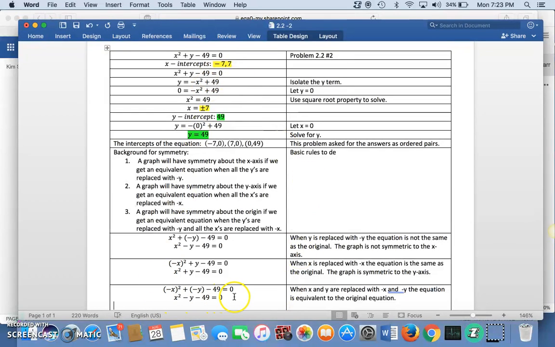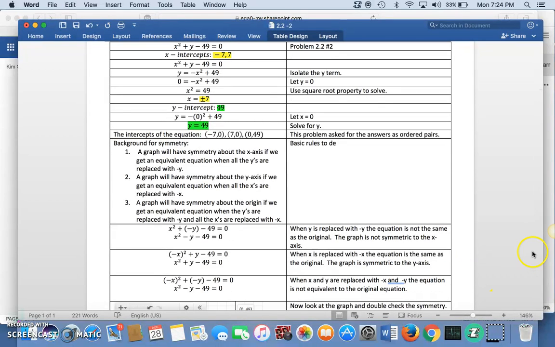The resulting equation is not the same as the original, so it is not equivalent to the original equation. Since it's not equivalent, then it is not symmetric to the origin. So the only symmetry you have here is y-axis symmetry.